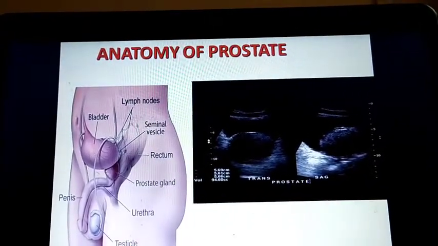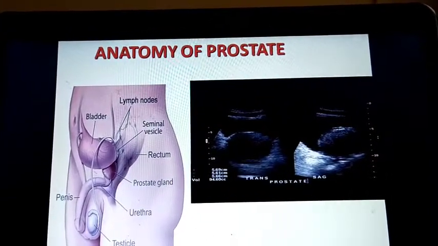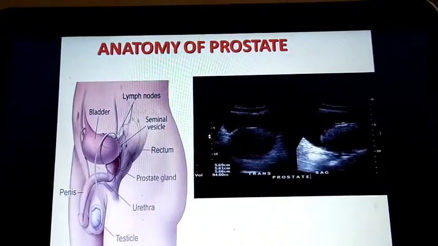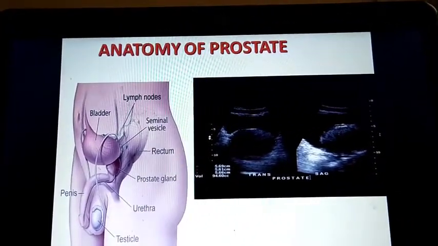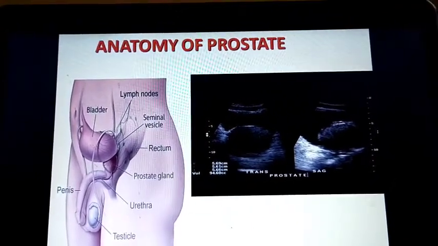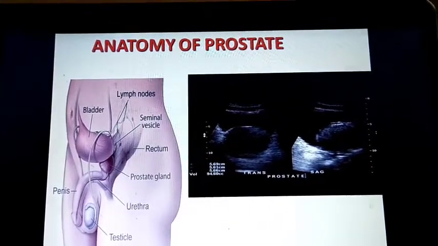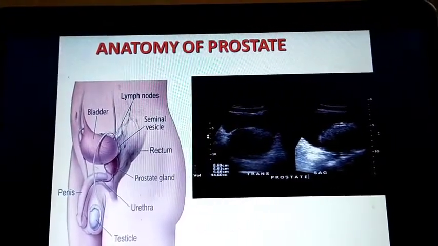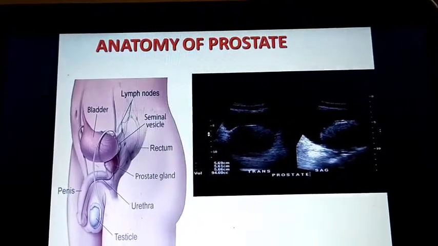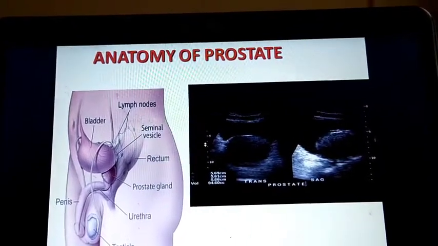This prostatic fluid is slightly alkaline, milky, and looks white in appearance. Because of that, our semen looks white. This prostatic fluid is alkaline and white in color. And the alkalinity of semen helps to neutralize the acidity of the vaginal tract.